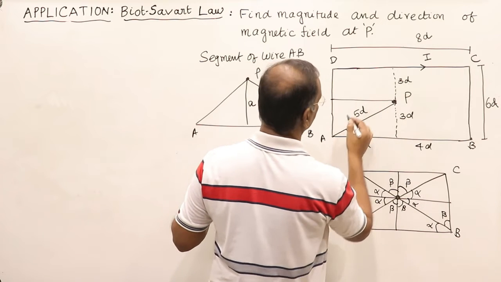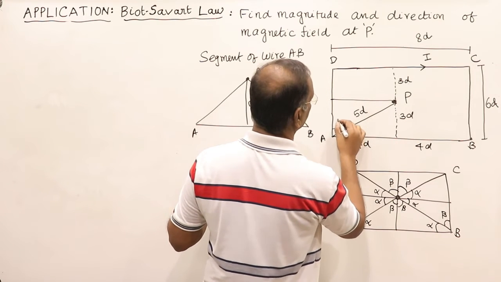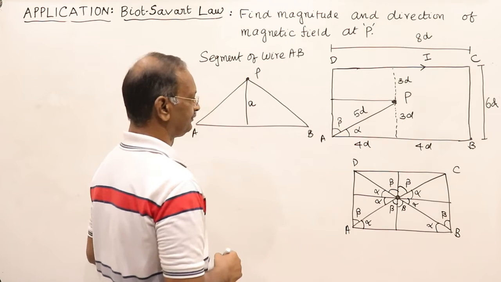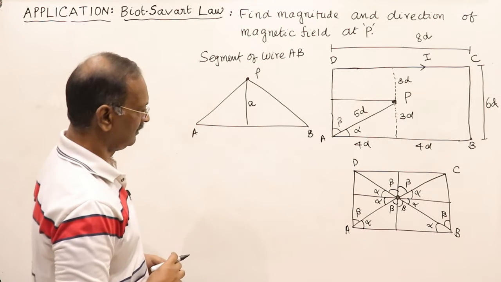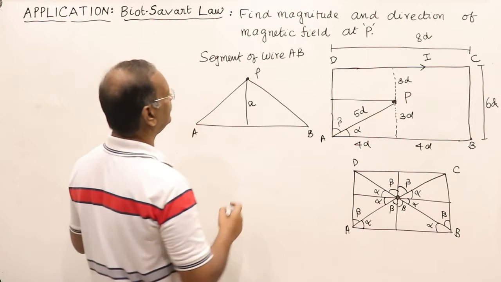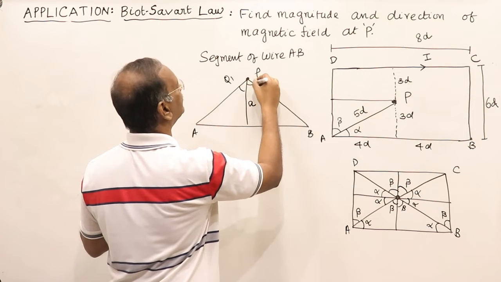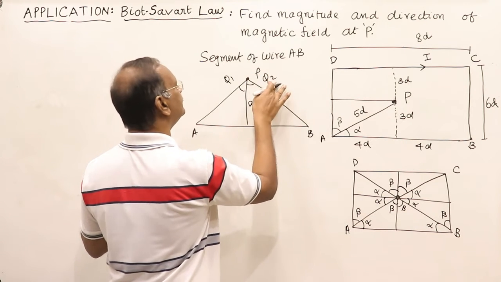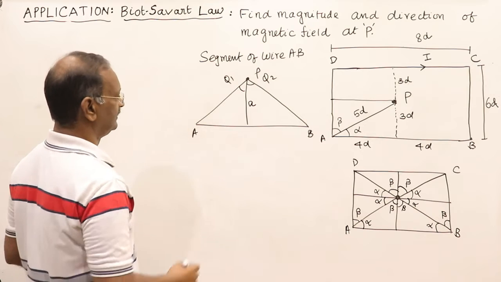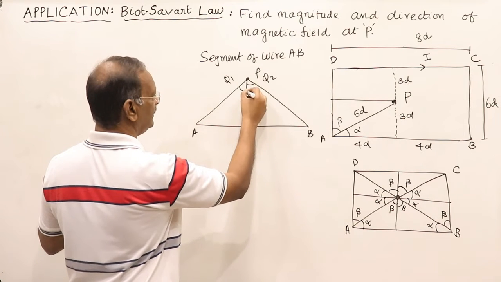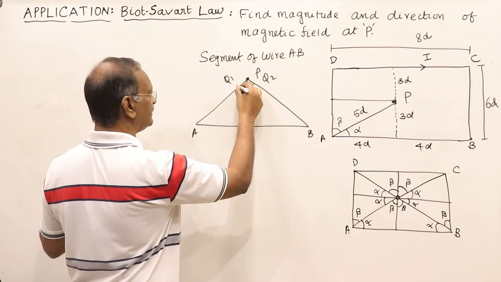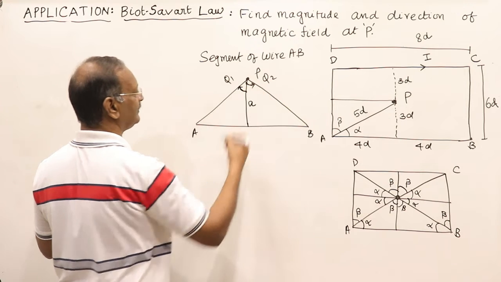Now if this is alpha, this is beta. Okay, now we want to find out what this is. This is for this sector. This is phi 1, and we can take this as phi 2. This is the perpendicular distance. We need from this reference angle, this is phi 1, and this is phi 2.